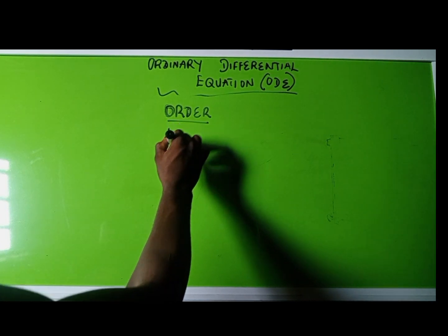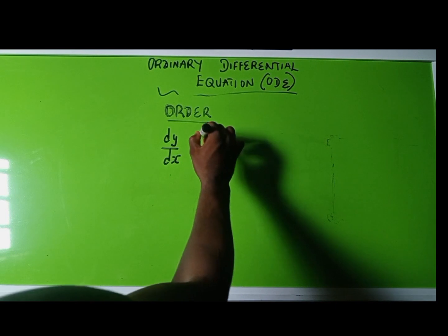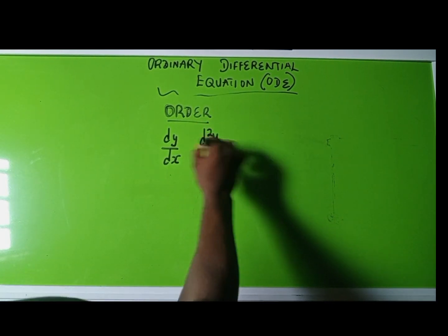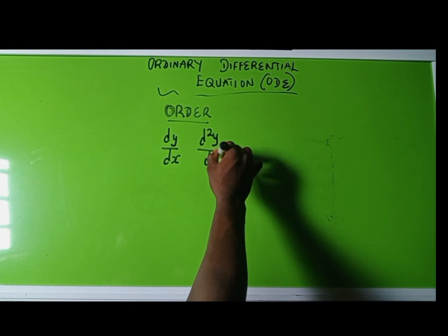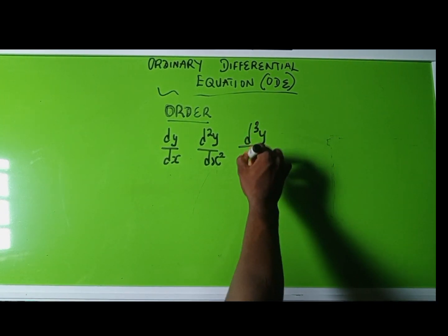Before you know what an order is, you need to know what a derivative is, and the types of derivative we have. We have the first derivative, which is dy over dx. We have the second derivative, which is d²y over dx². We have the third derivative, which is d³y over dx³.